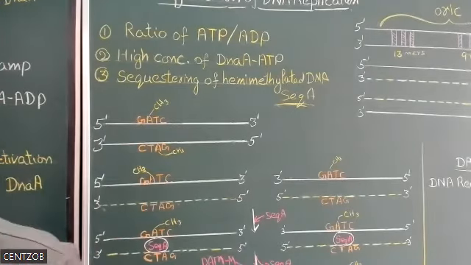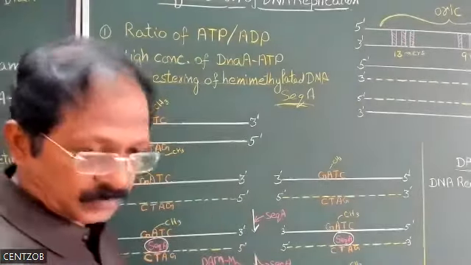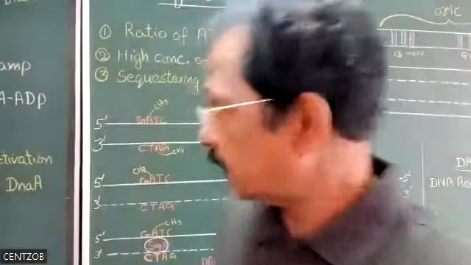So the ATP to ADP ratio is very important in the regulation of DNA replication. The levels of DnaA-ATP and DnaA-ADP can be mainly controlled by a mechanism. That is what we are going to study next.